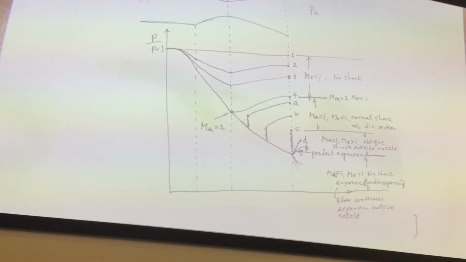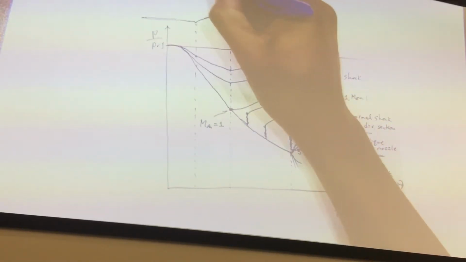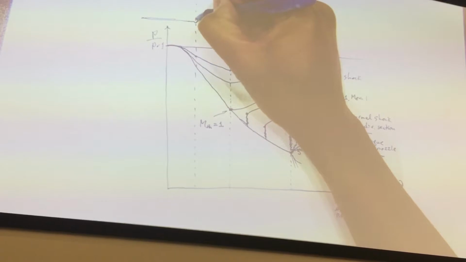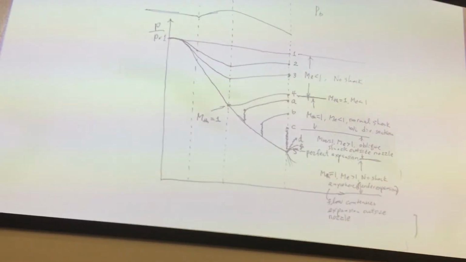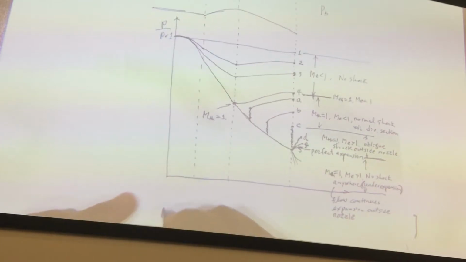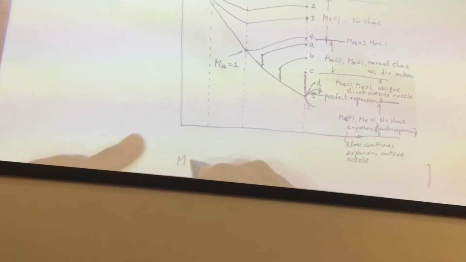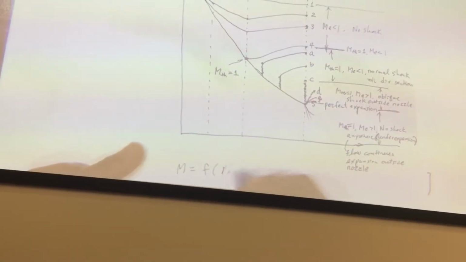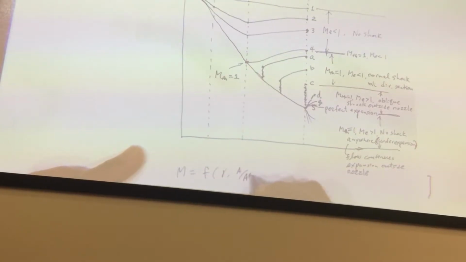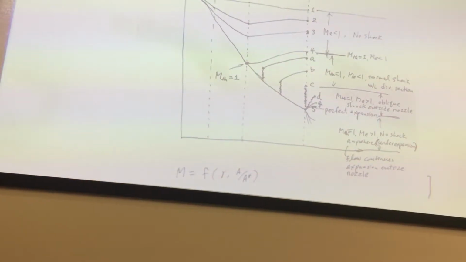So once this is Mach equal to 1, if I know the inlet area, I can calculate the Mach number here. Remember, your Mach number is a function of gamma and A over A star. That's in the table, right? So all these values are in the table. So that means what?